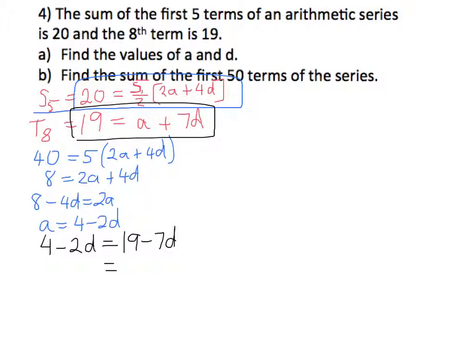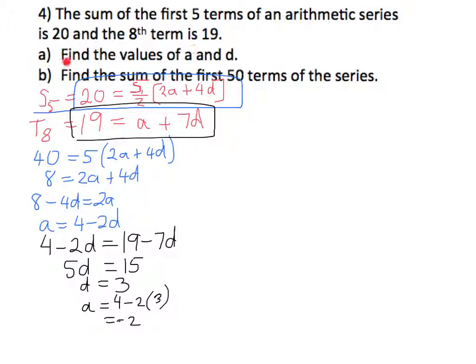So plus 7d to both sides, minus 4 from both sides, divide both sides by 5. There we have d, and now we find a by substituting into either 19 minus 7d or 4 minus 2d. So 4 minus 2d, so 4 minus 6 is negative 2. Likewise, if we'd substituted into here, 19 minus 21 is also negative 2.